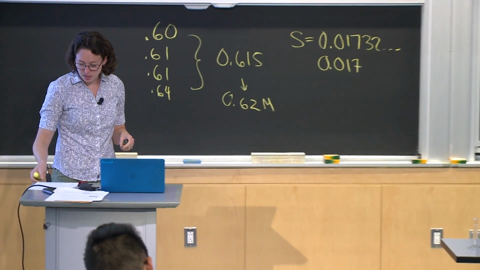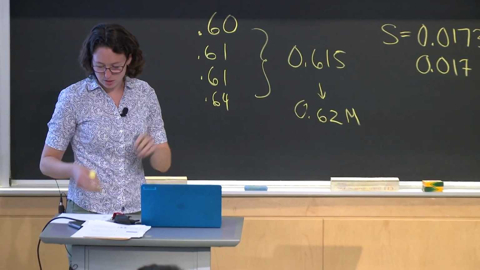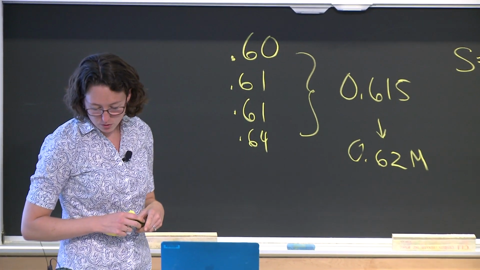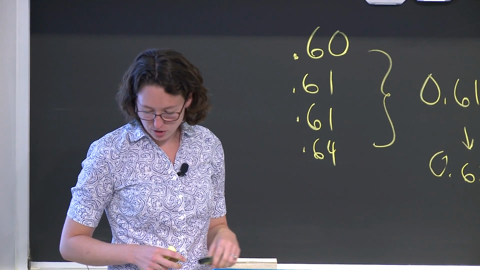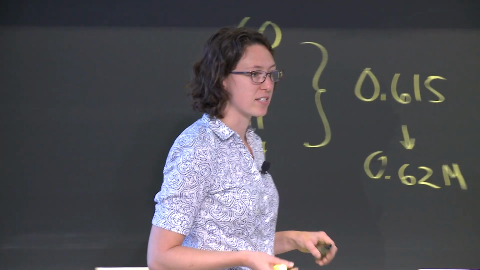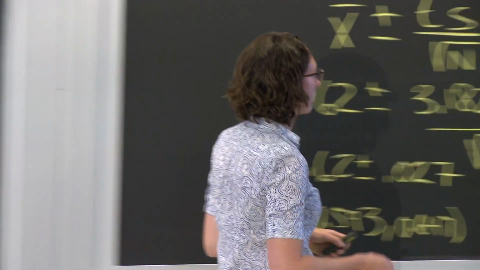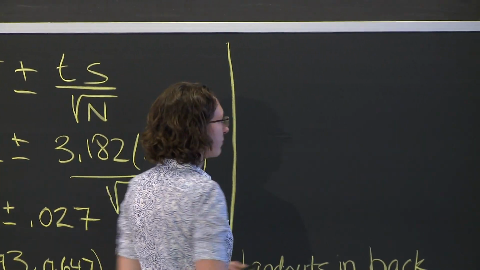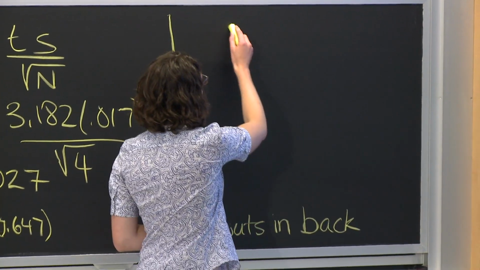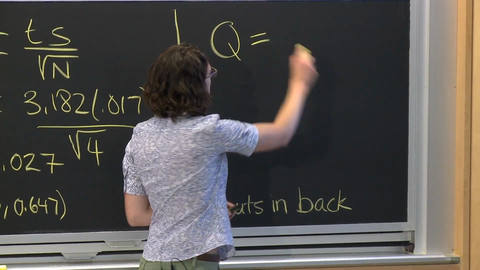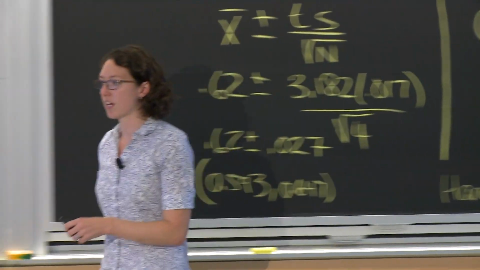So the last question on here is not really related to the first whole set of problems, but if you took the following measurements for a concentration of an NaOH solution, are there any outliers in that data set? So what's our Q calculation for this data set?